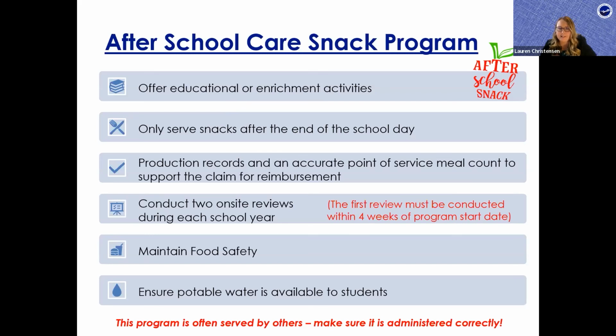We recognize that oftentimes this program might be operated or administered by another individual, maybe somebody from family service or an after-school care program, but it's your job to communicate with those individuals to make sure that these requirements are met. Typically, there's an educational or an enrichment type activity offered alongside of this program, or as a part of this program rather.